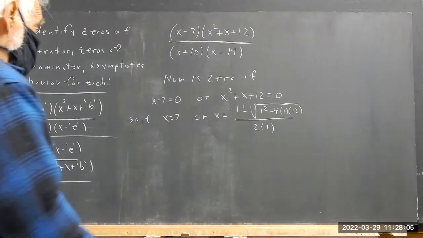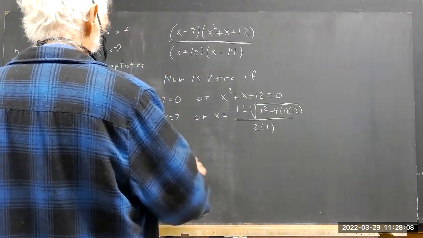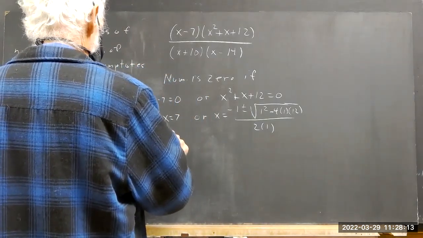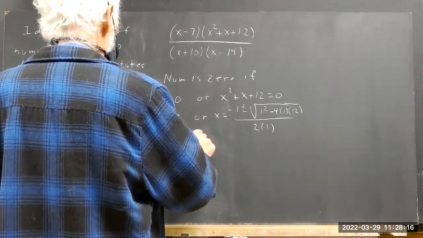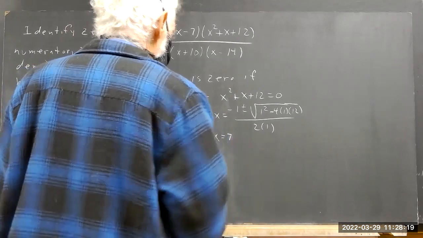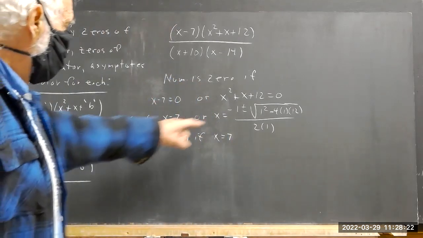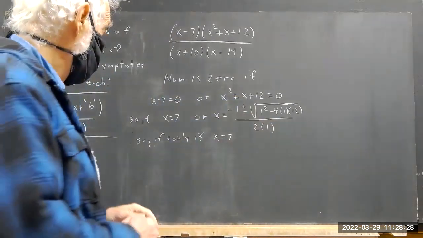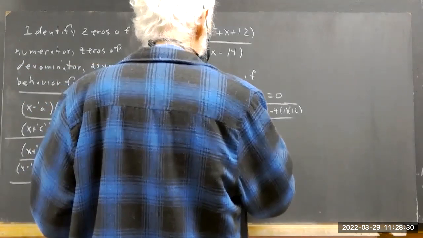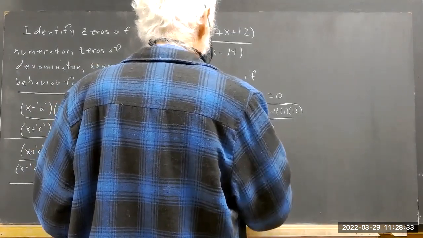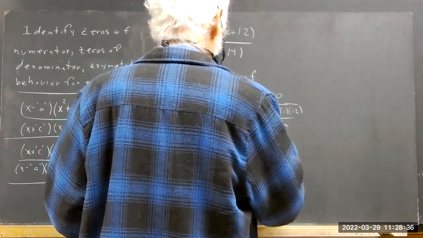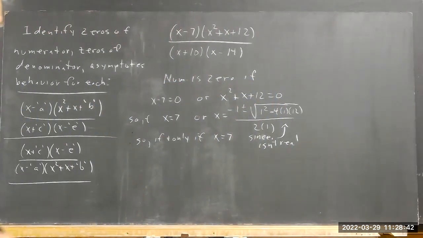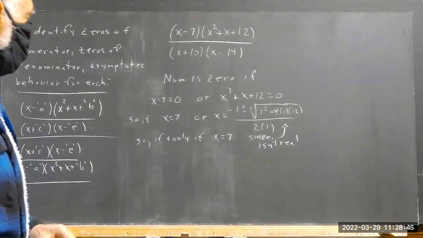Okay, this is not a real number, right? So x equals 7 is the only zero.